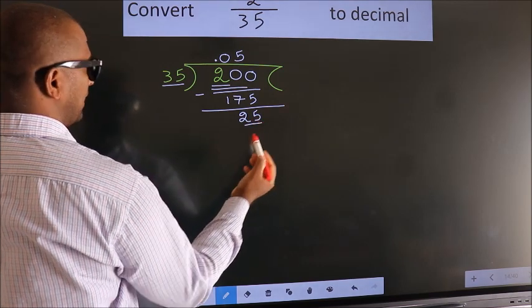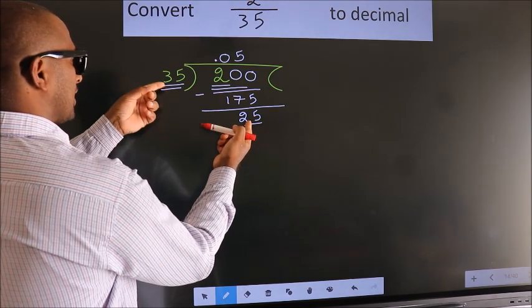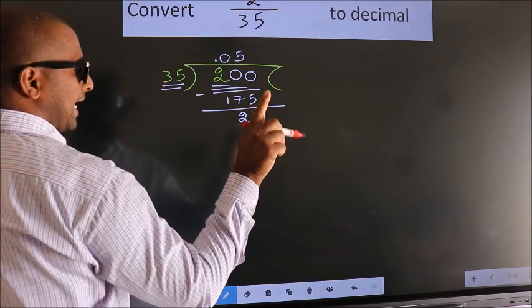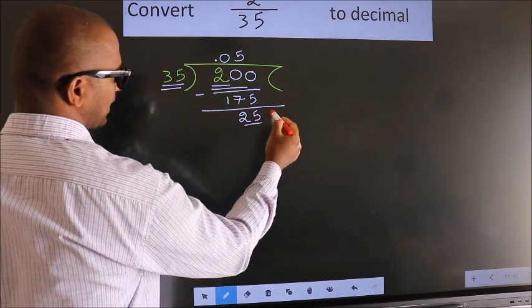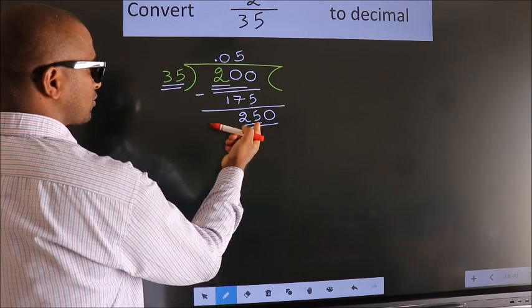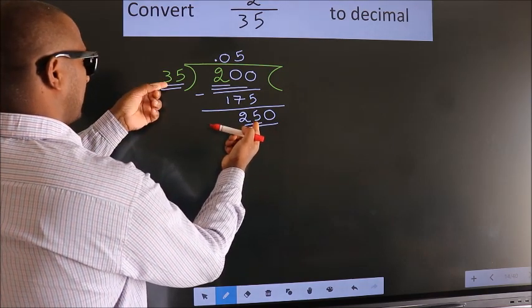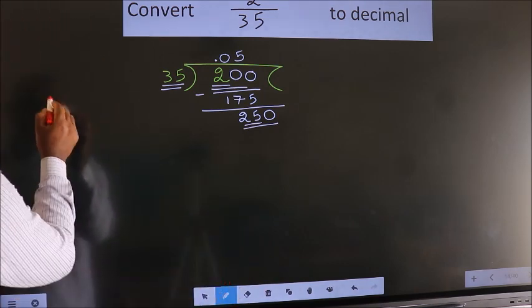Here we have 25, here 35. 25 smaller than 35, and we already have the decimal, so we can directly take 0. So 250. A number close to 250 in the 35 table is, let us go with 7.